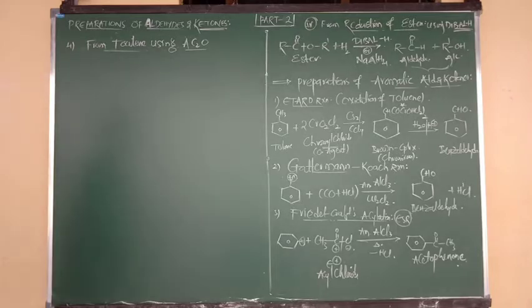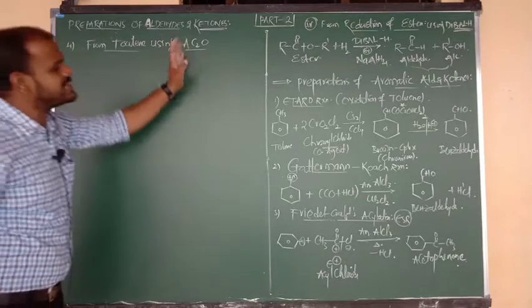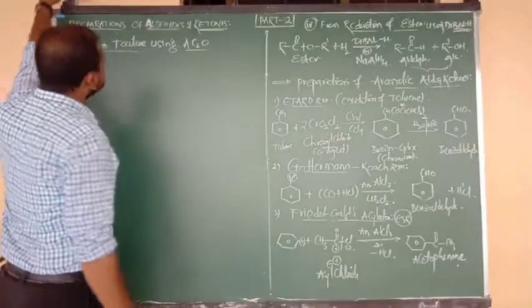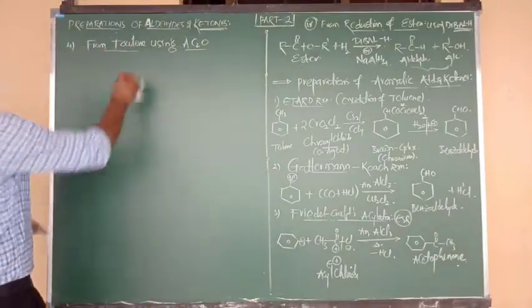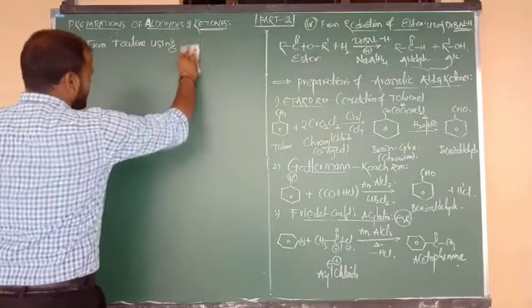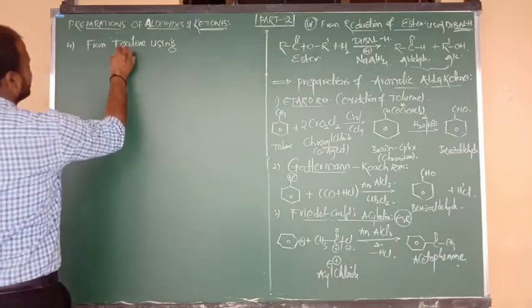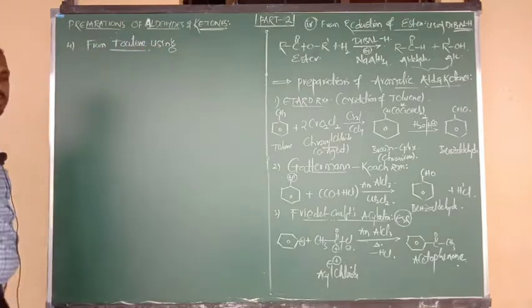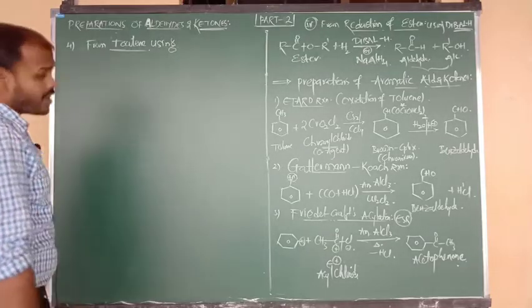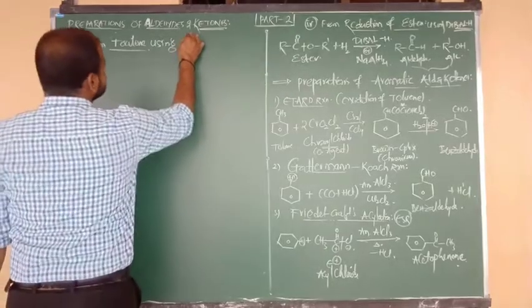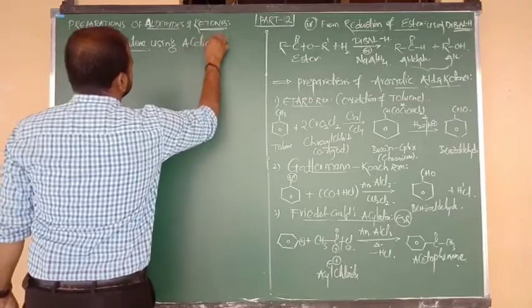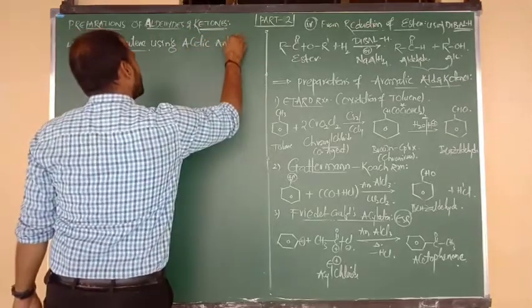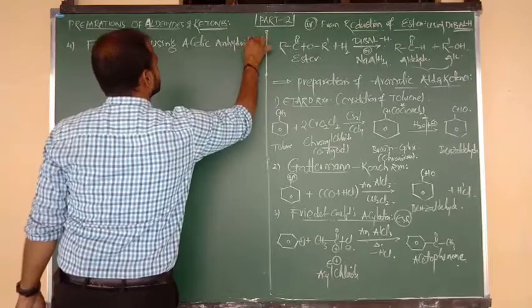Ac2O, that is nothing but acetic anhydride. So how does toluene, or we can say methyl benzene, undergo reaction with acetic anhydride? What does toluene mean? That is nothing but methyl benzene, undergoing oxidation with acetic anhydride. Yes, we are going to consider acetic anhydride.